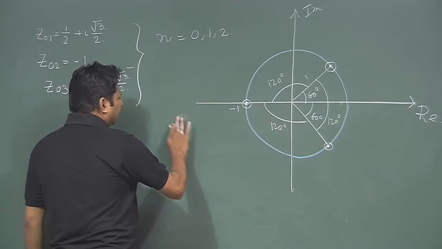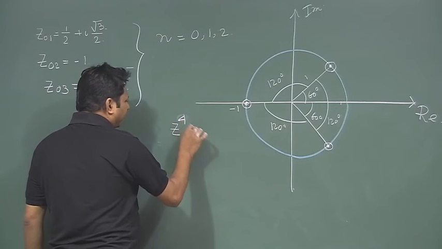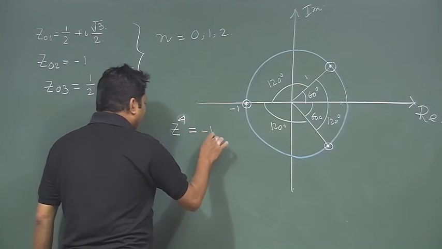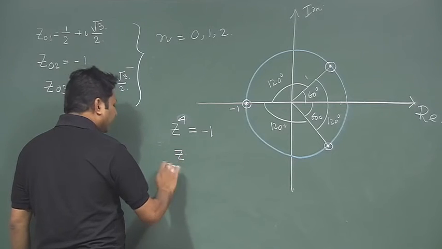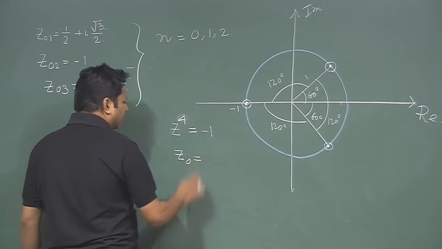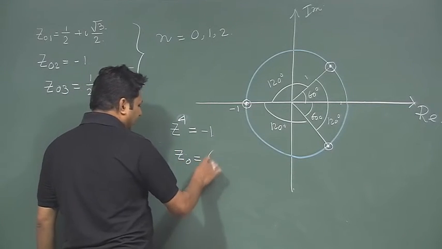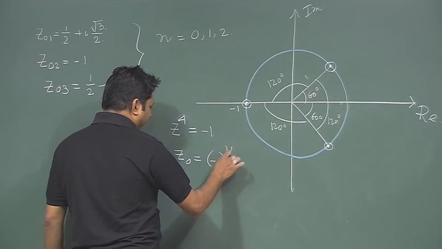For example, if z to the power 4 is equal to say minus 1, what should be the value of z? That means eventually I need to find this quantity z0 is minus 1 whole to the power 1 by 4.